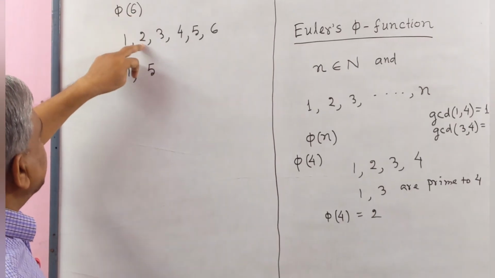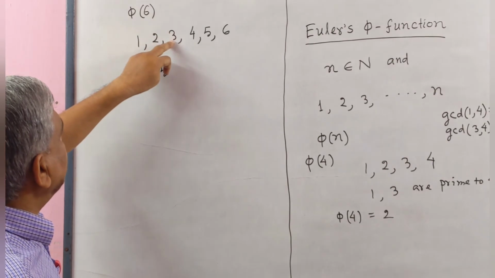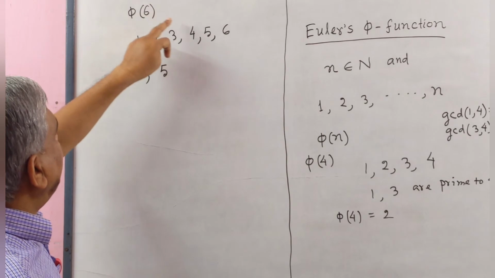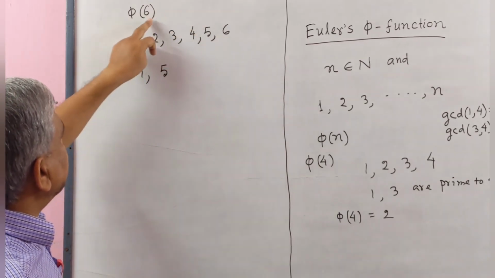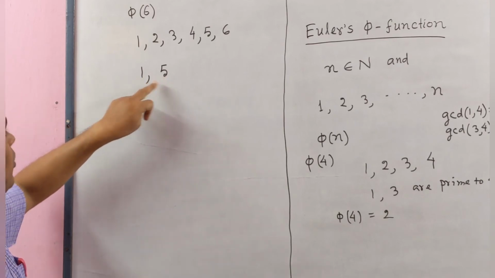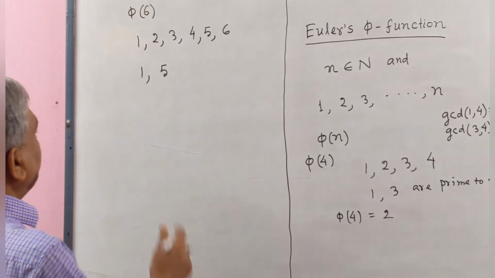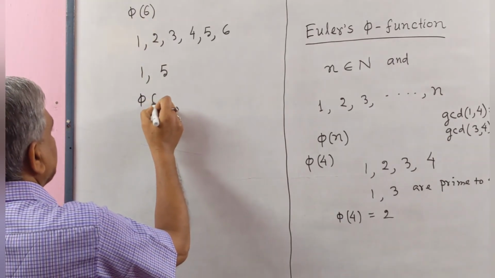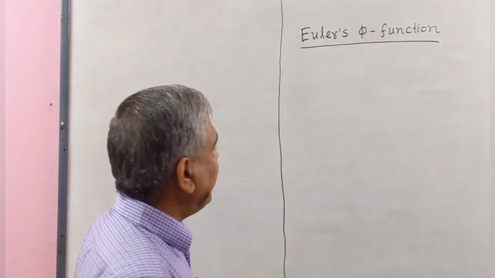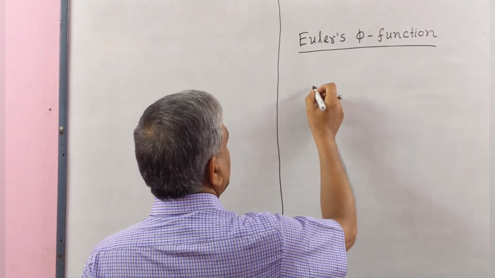GCD of 2 and 6 is 2. GCD of 3 and 6 is 3. GCD of 4 and 6 be 2. And GCD of 6 and 6 be 6. Therefore, we get two numbers 1 and 5 which are prime to 6. Therefore, phi 6 equal to 2.